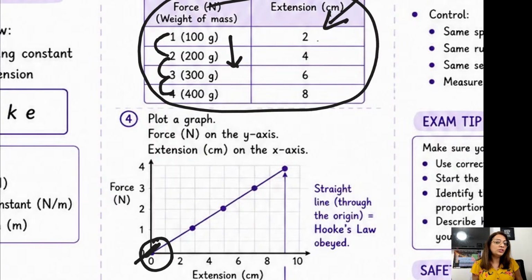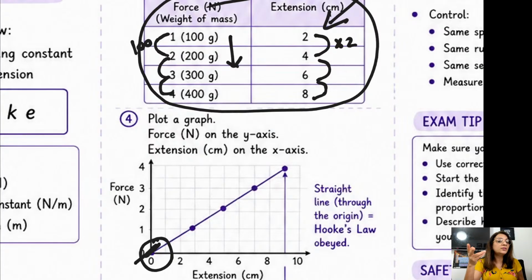And how much is the extension every time increasing as you go downwards? Come on, by 2. Very good, Grace. So this is called a directly proportional relationship. Each 100 Newton increase of force increases the length by 2 centimeter, meaning directly proportional.